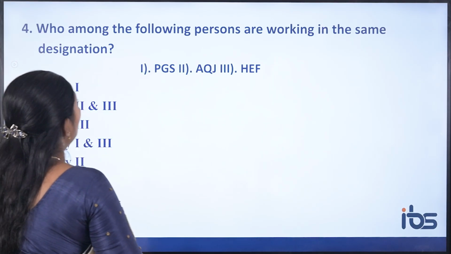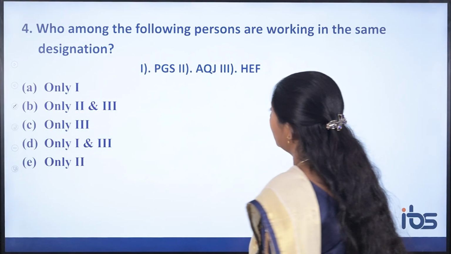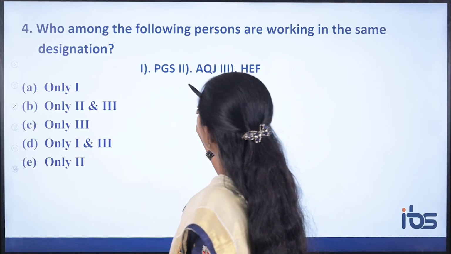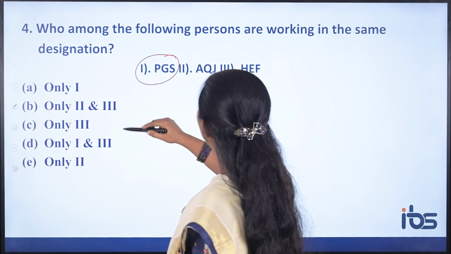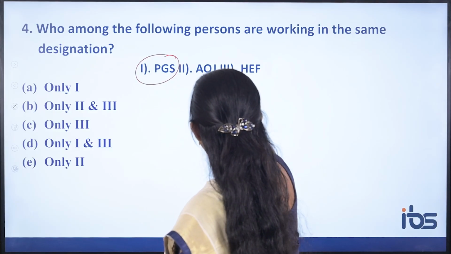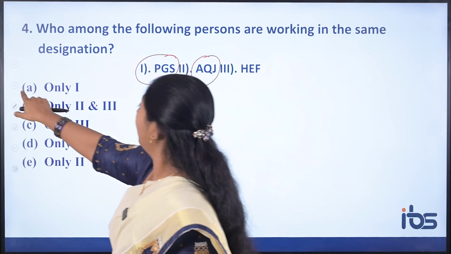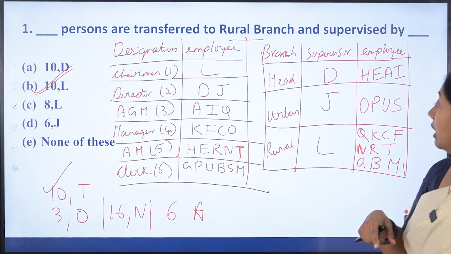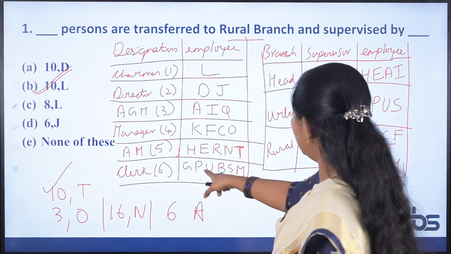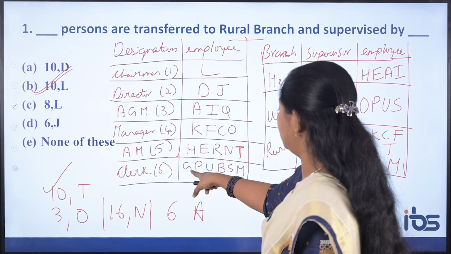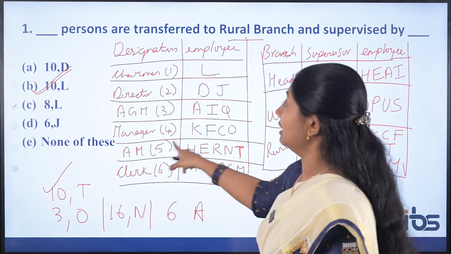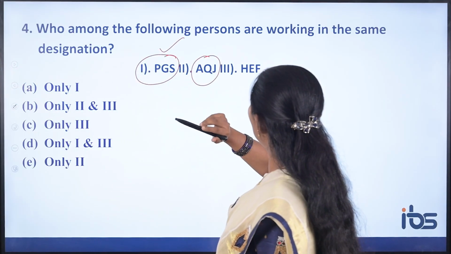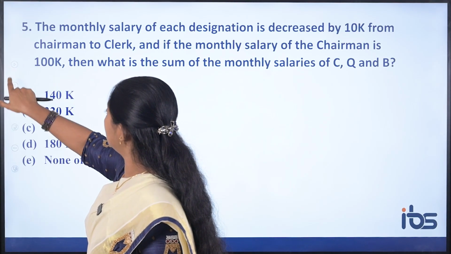Next one. Who among the following persons are working in the same designation? So who all are working in the same designation? P, G, S and A, Q, J and H, E, F. PGS, where is PGS? Yes, PGS are working as clerks in the same designation.